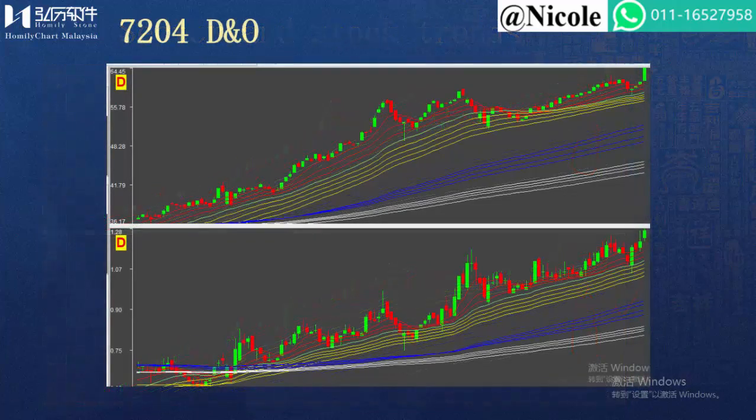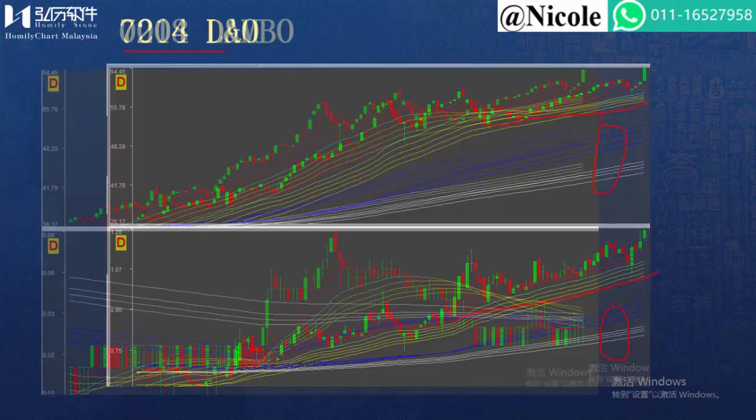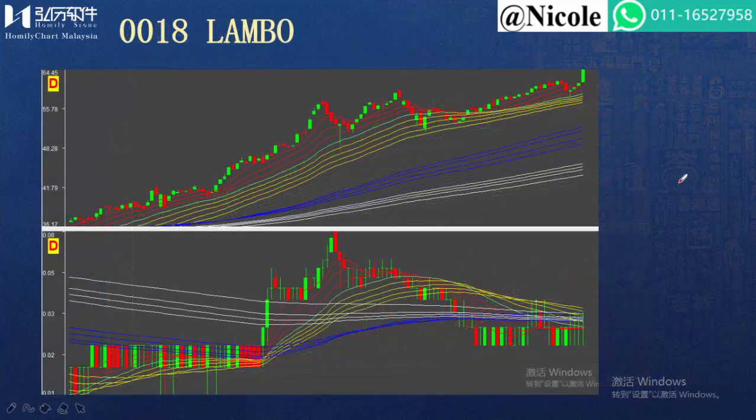Okay, and so we mentioned DNO and 0018. So let's see these two shares. For this DNO 7204, we can see long-term uptrend, right? The same, and mid-term uptrend. So okay, at least this share is not a weak share in the technology sector, right? And what about Lambo?